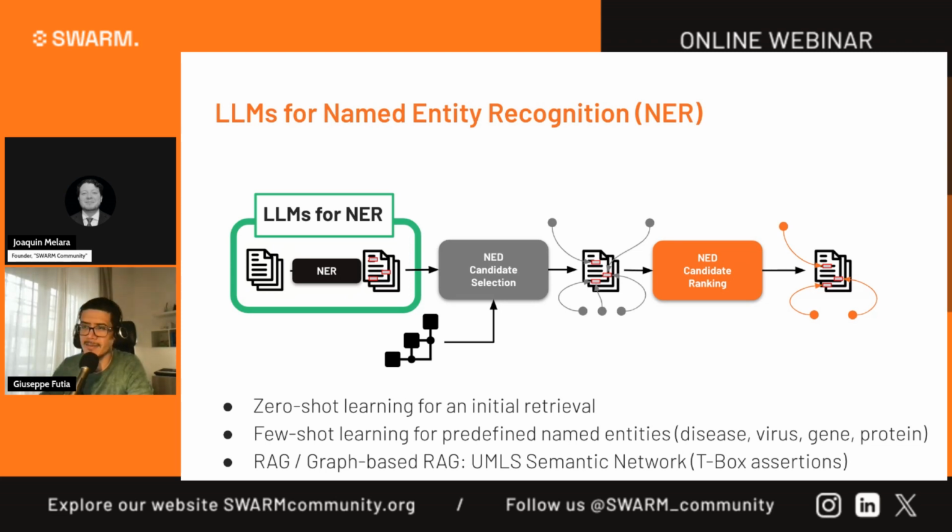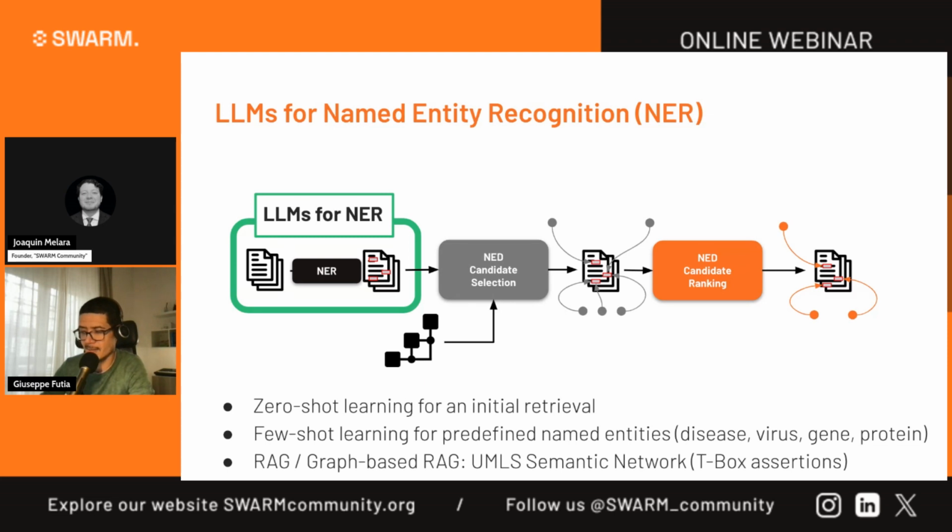So we can start to use potentially LLMs for named entity recognition. So in this case, we have zero-shot learning. We can define and inject in the prompt some potential predefined named entities, because maybe we are interested in just predefined named entities, or we can use the RAG approach, right, in which we incorporate further information to improve LLM's results.